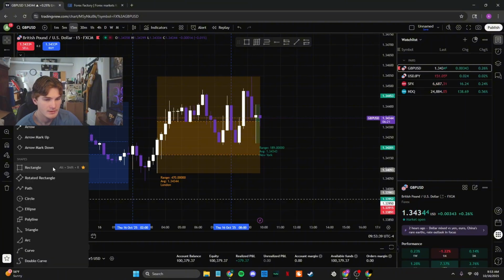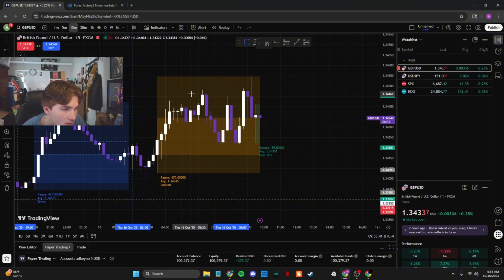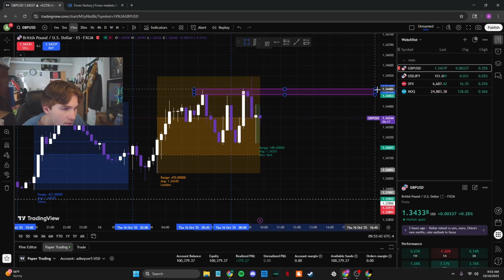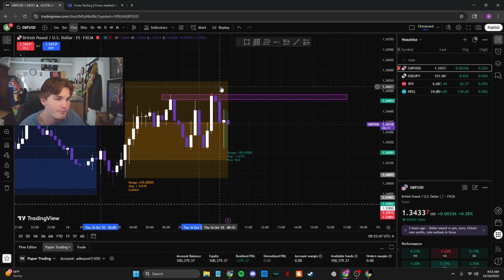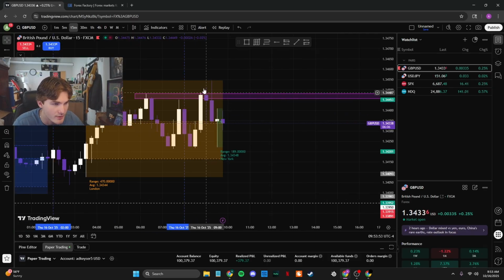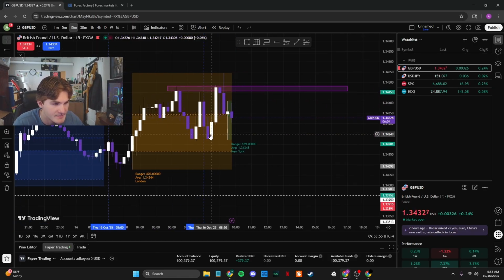Let's just do this quick. Go off these two. So a lot of bullish pressure, however, closed bearish. So liquidity swept London highs in pre-market.